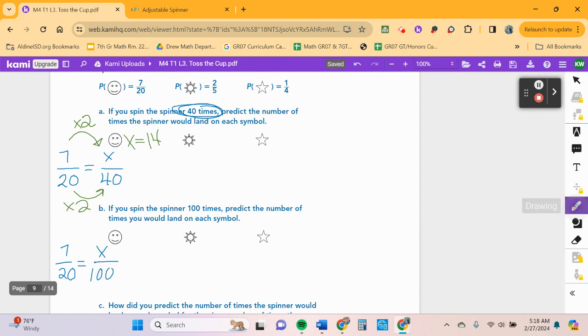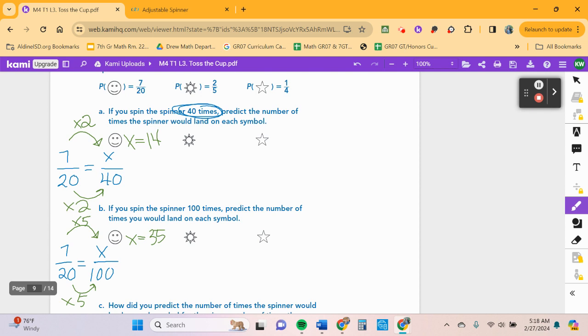Again, I'm going to use a different color to show you. 20 into 100, that's another easy number to work with. So 20 to get to 100, I know that I can multiply that 5 times. And what I do to the bottom, I must do to the top. So 7 times 5 gives me x is equal to 35, about 35 times.